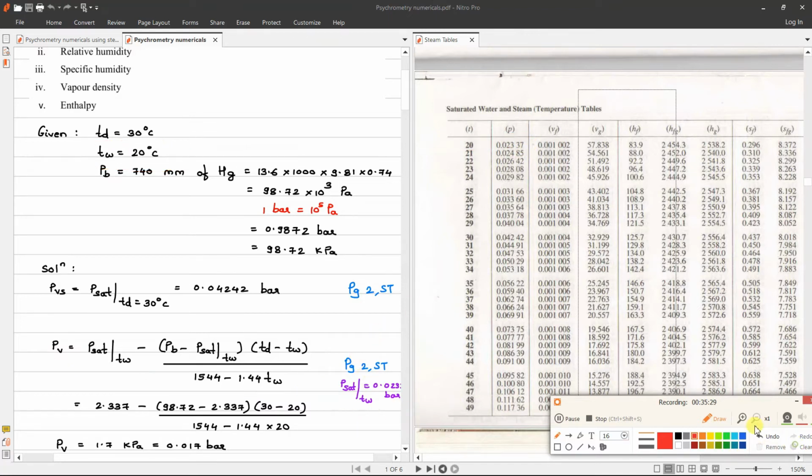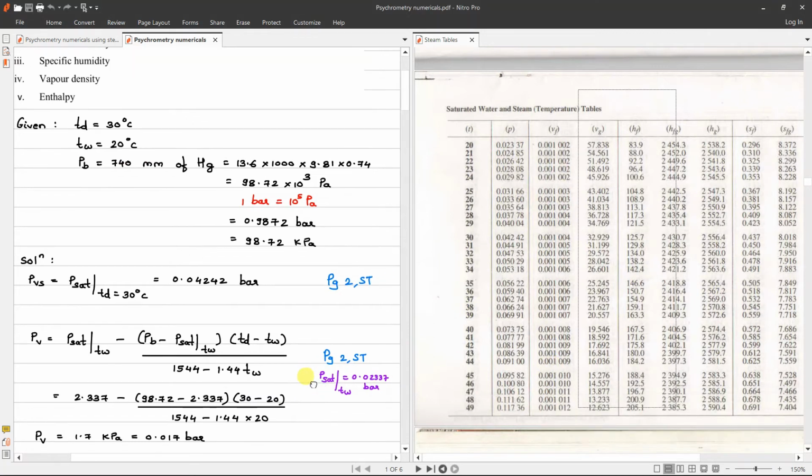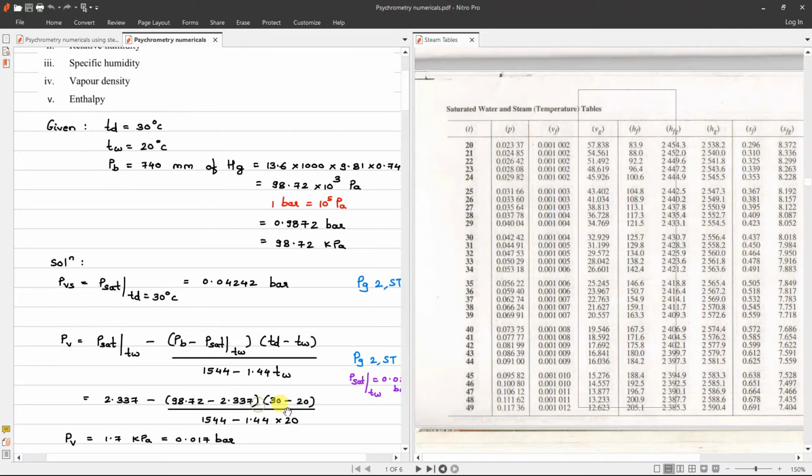So I have written that value over here, PSAT at TW, 0.02337 bar. Now convert this in kilopascal. Multiply by 100. So you will get 2.337 minus, what is PB in kilopascal?